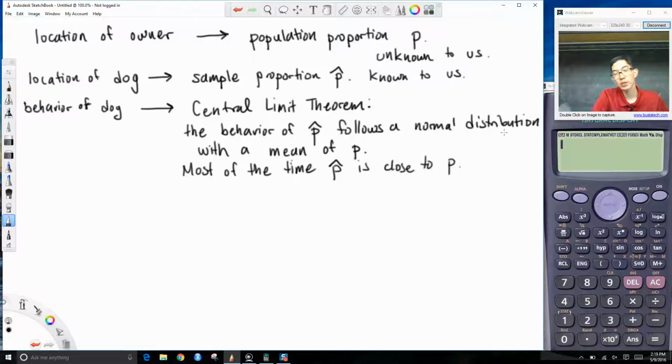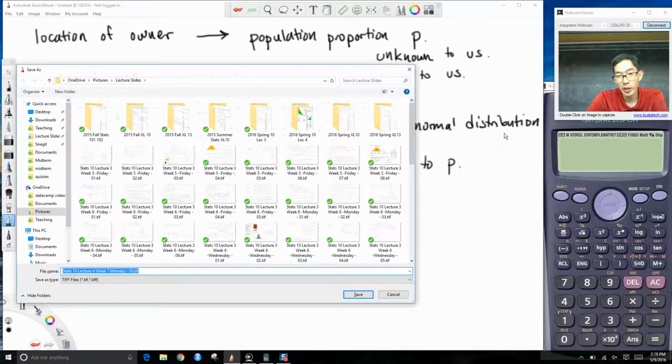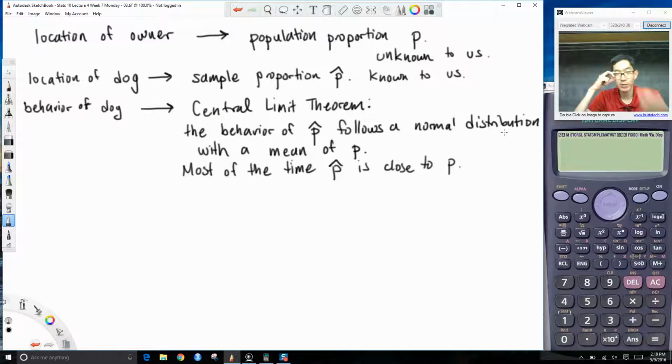And so this is why we bothered with all of this theoretic stuff and this sampling distribution stuff: so that we can come to this point and say, based on the theory, we know that the behavior of p hat is like this, and because we know the behavior of p hat is like this, we can start making conclusions, okay?